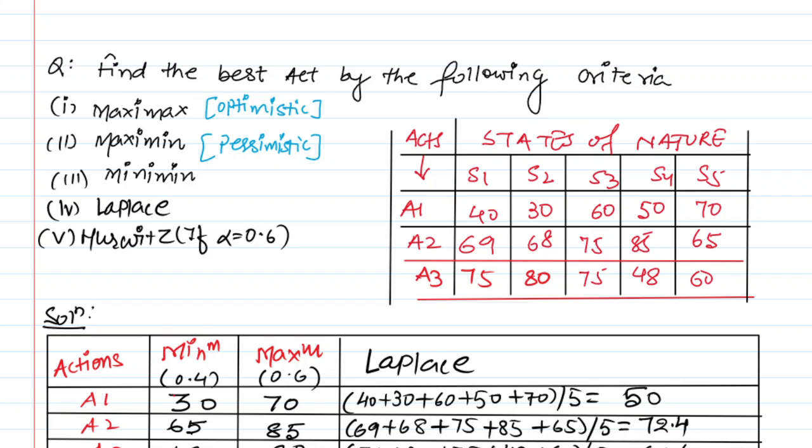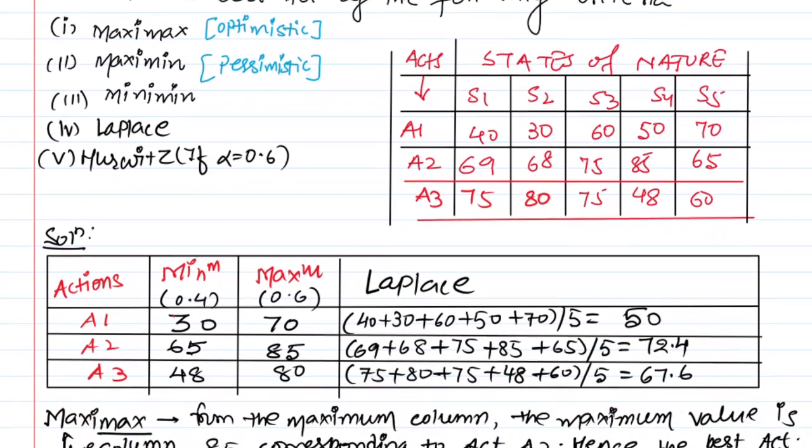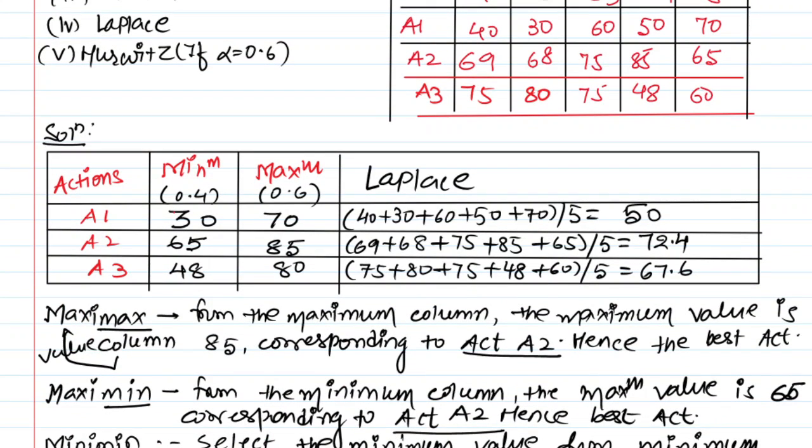We have identified the minimum and the maximum value for every act. So for A1, A2, A3, minimum and maximum values were 30, 70, 65, 85 and 48 and 80 respectively. In the Laplace column, we have taken the average of all the values of states of nature for a particular act, that is for action 1, action 2 and action 3.